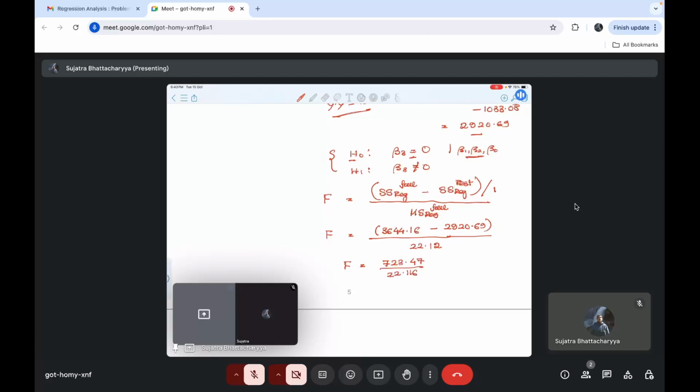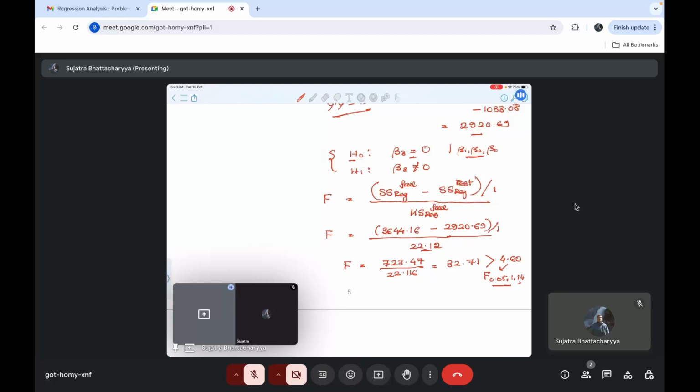You can clearly see that the numerator is much stronger as compared to the denominator, giving a hint that 32.71 is a larger number, and if you compare, the critical value F 0.05, 1 comma 14 becomes 4.60. Why 14? Because the residual has 14 degrees of freedom that we have calculated and the numerator has 1.